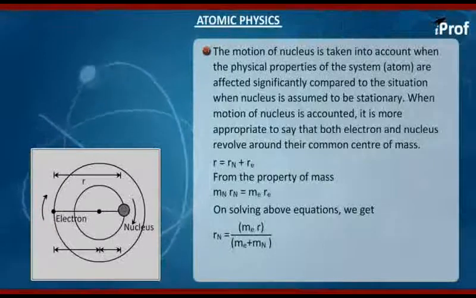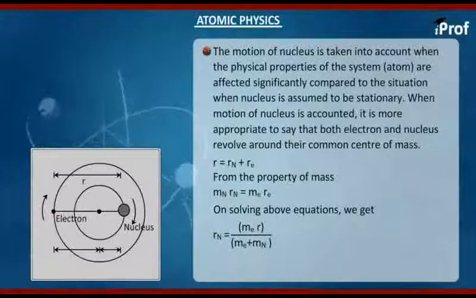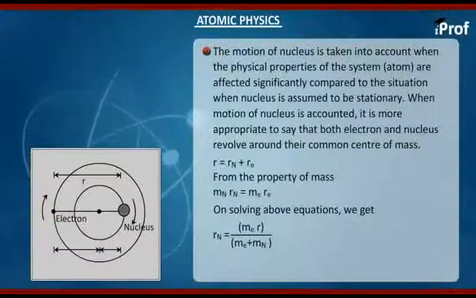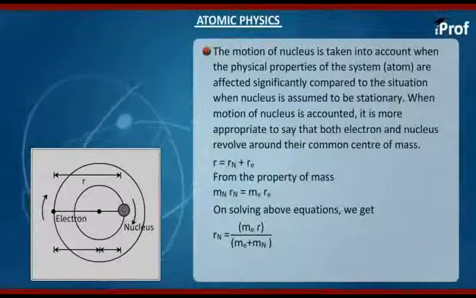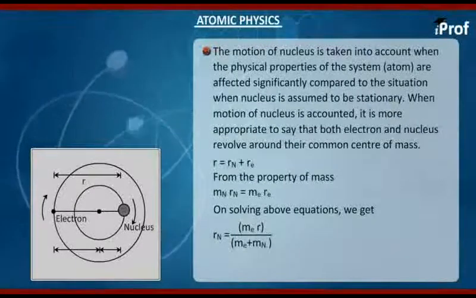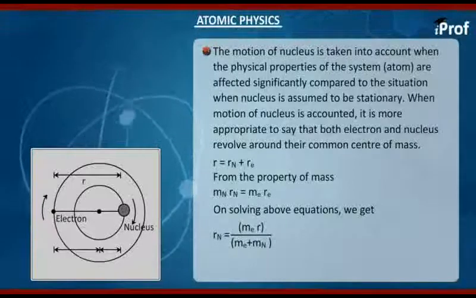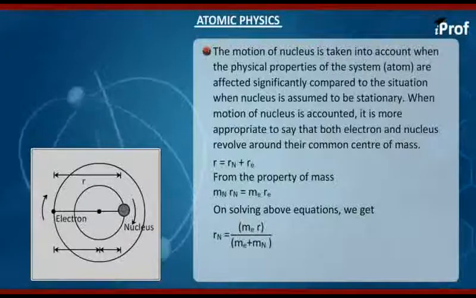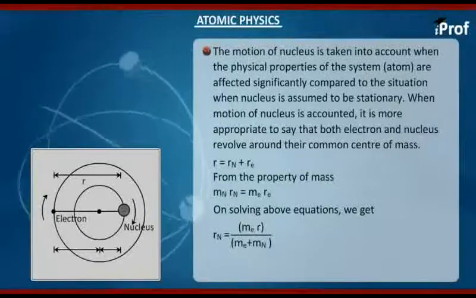Let's say R is the separation between electron and nucleus, so we can write R = Rn + Re. Rn is the distance of center of mass from the nucleus, and Re is the distance of electron from center of mass.